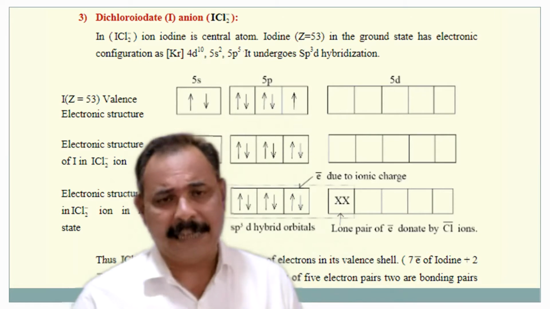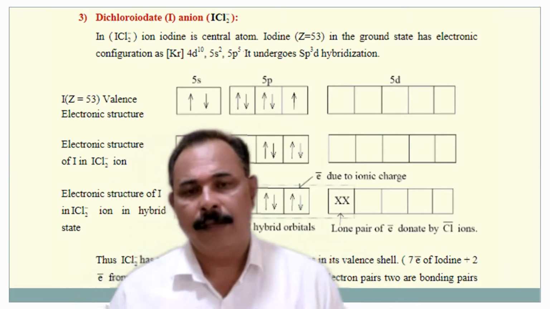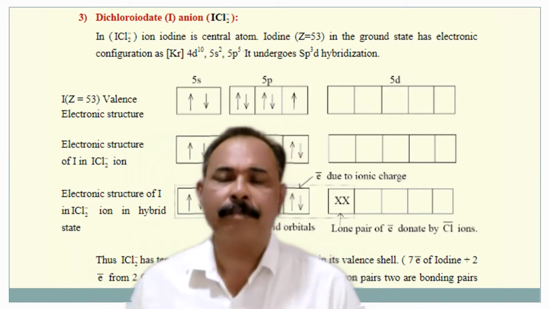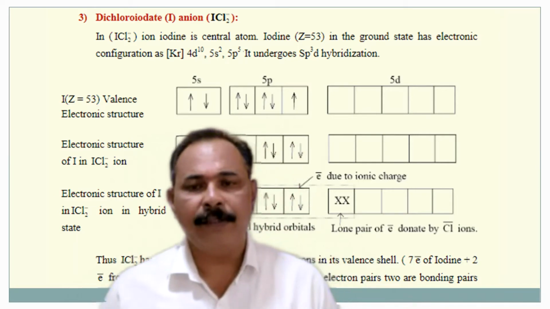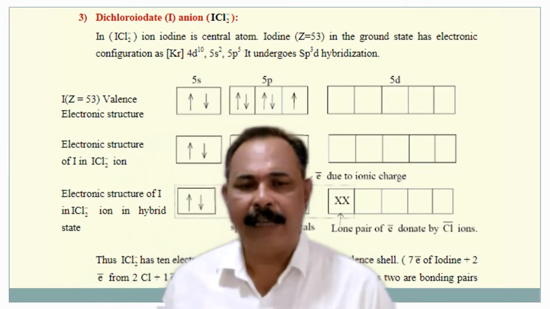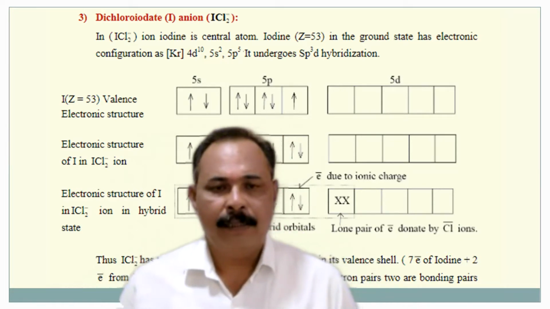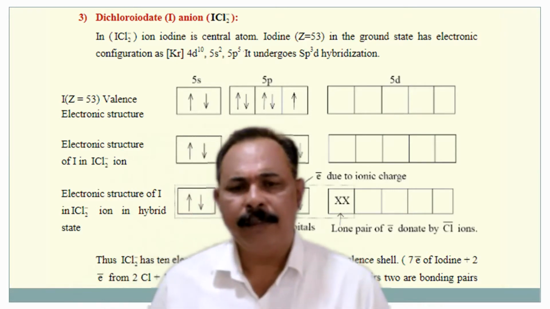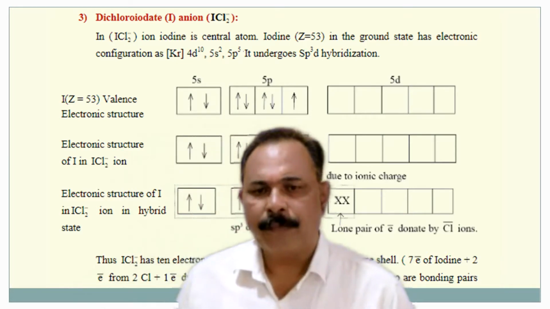Iodine is the central atom, whose atomic number is 53. In the ground state, it has the electronic configuration krypton 4d10 5s2 5p5.